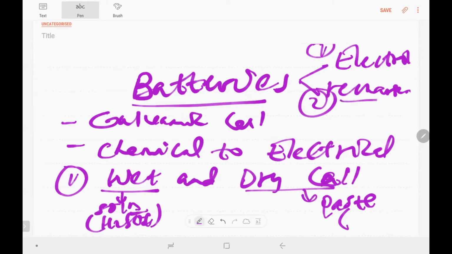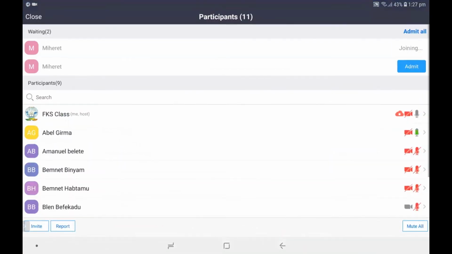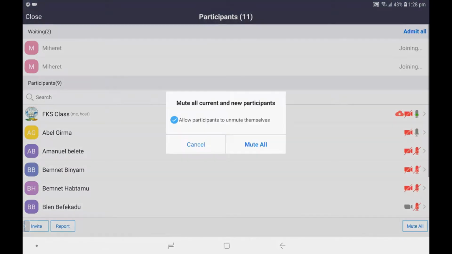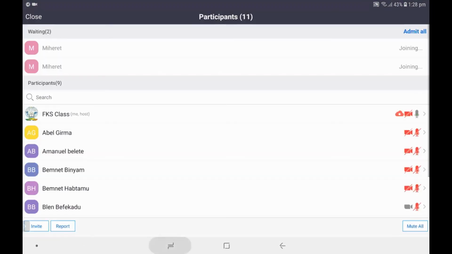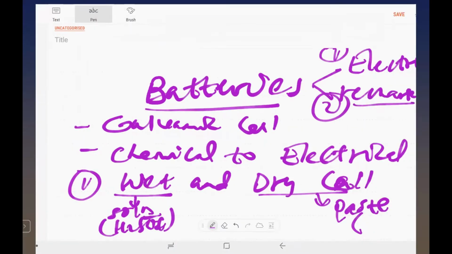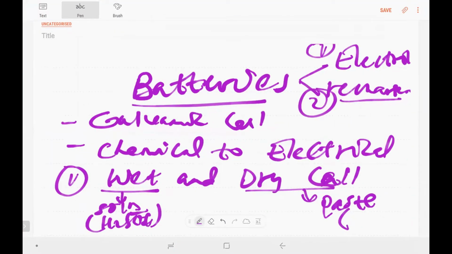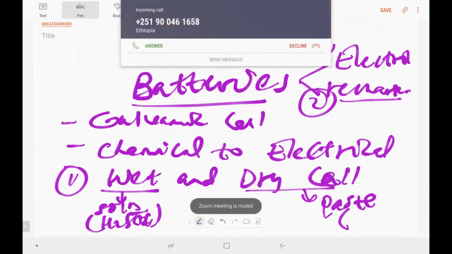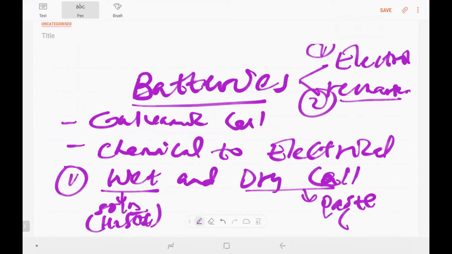The second classification is based on rechargeability. Those batteries which can be recharged again are secondary cells.